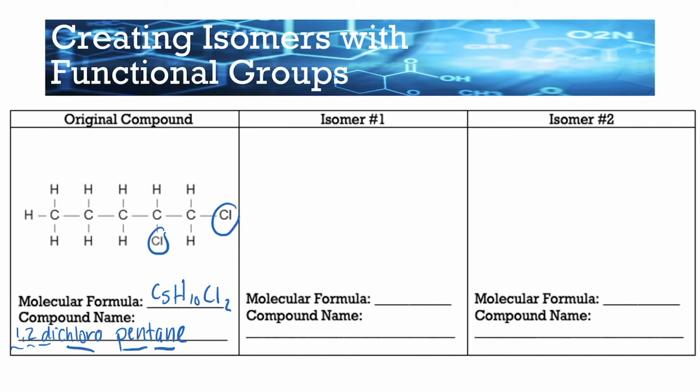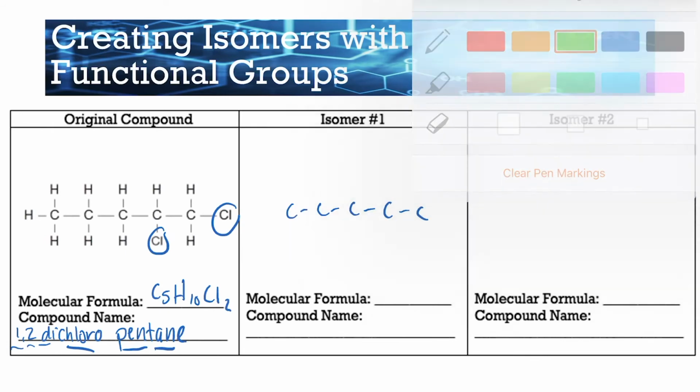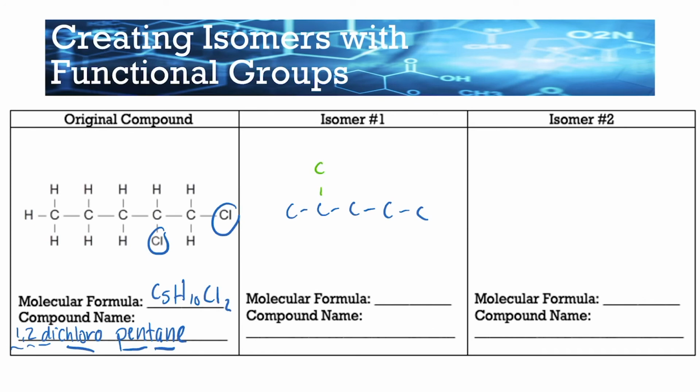Now, one of the examples we can do is just take these chlorines and put them somewhere else. So we could go 1, 2, 3, 4, 5. Let's make the chlorines in green. And now everything in red is your H. Now if you're adding something other than H, you have to write the formula. So I can't just put a dash and say, oh, that's chlorine.